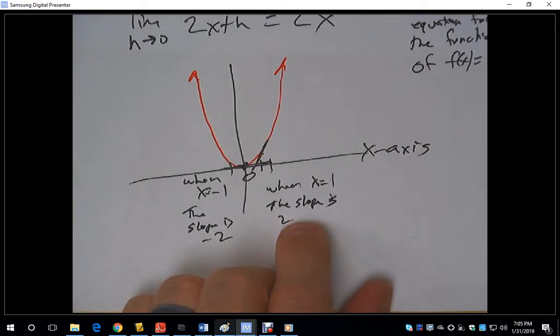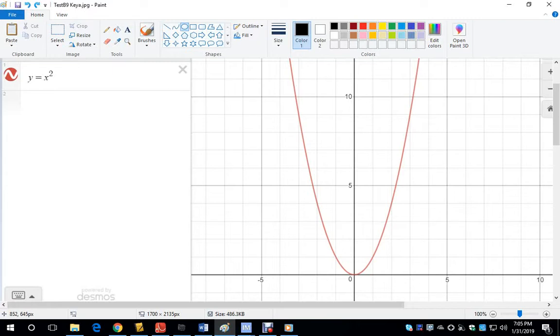Let's look at this graph and see if it looks like it. So when x is 1, does the slope look like it is 2? Does it look like the instantaneous rate of change at that point is 2? Well, yeah, it does. You can see right here that we have a rise of 2 and a run of 1. So yeah, it looks like it.